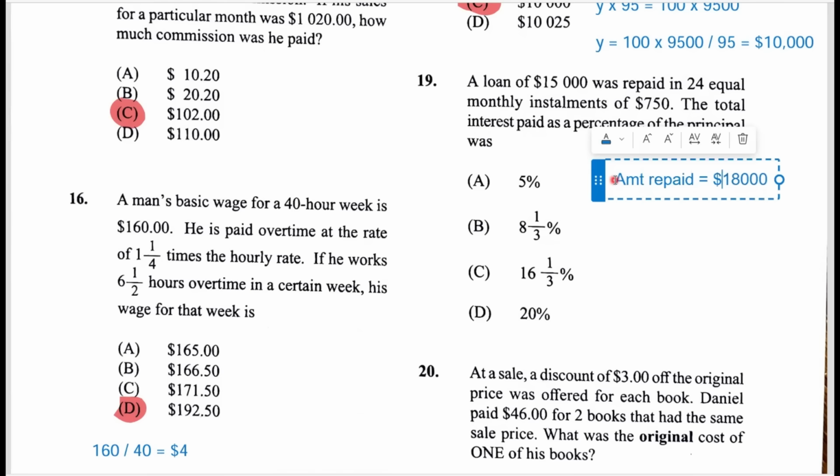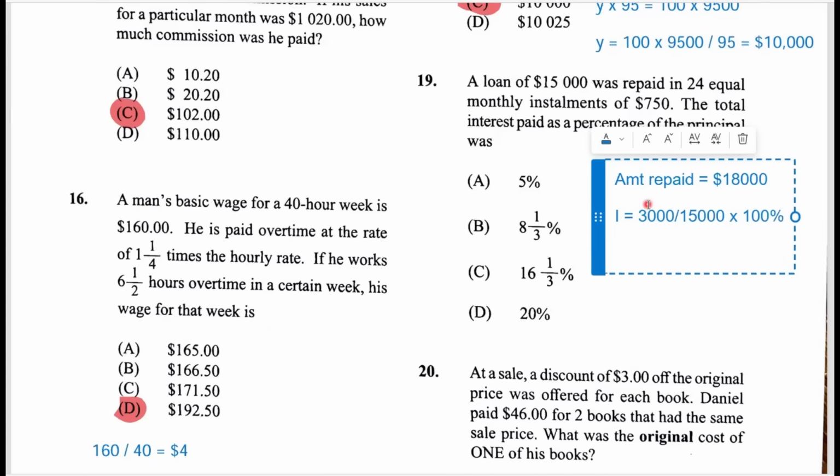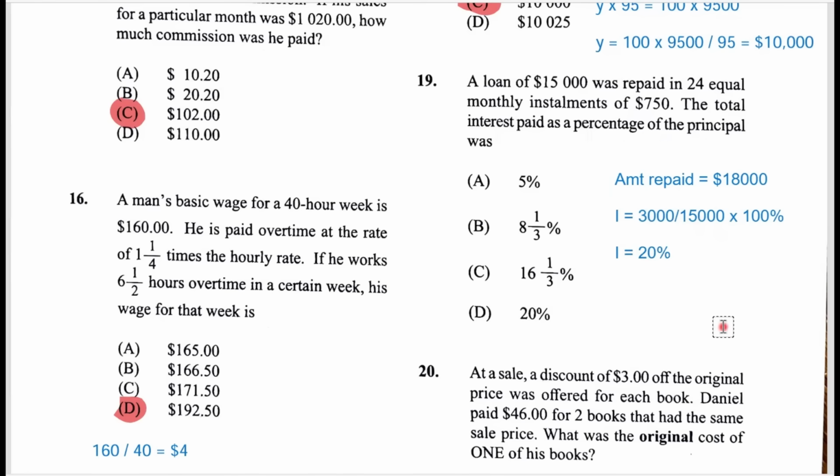You want the interest, so the difference: 18,000 minus 15,000 is 3,000. So it's 3,000 divided by 15,000, multiplied by 100%. Cross out the zeros. 3 into 15 is 5. That'll give you 20%. Cool. So that is actually D as in dog.